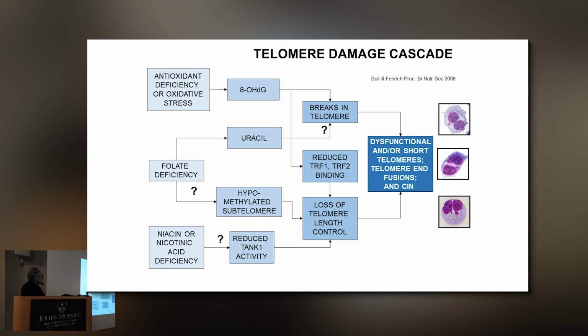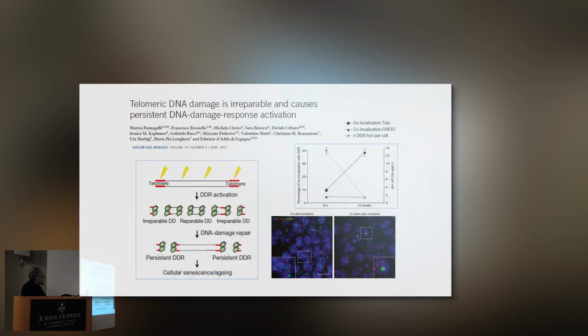This is in a review we published some years ago, that effects such as oxidative stress, folate deficiency, and niacin deficiency can all contribute through different mechanisms to cause breaks in the telomere, reduced binding of sheltering proteins like TRF1/2, and the loss of telomere length control, which is due to inappropriate or inadequate tankyrase activity. And this leads to dysfunctional and/or short or long telomeres and telomere end fusions.